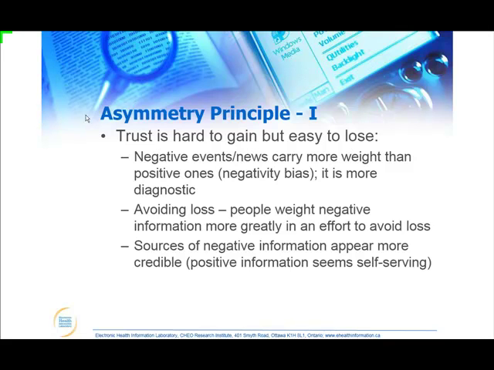Some of the reasons: negative events carry more weight than positive events. So people hear a bad story, for example a data breach about a provider, and that carries a lot more weight than if they hear that this organization did something good. Generally, people try to avoid loss, so they weight negative information more greatly in an effort to avoid loss. Sources of negative information appear to be more credible than sources of positive information. Positive information seems to be kind of biased or self-serving.